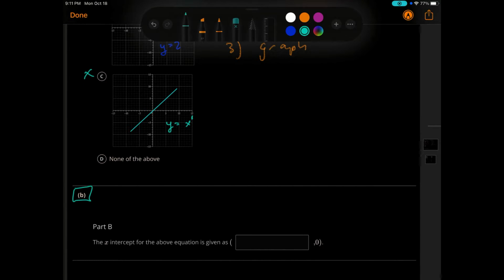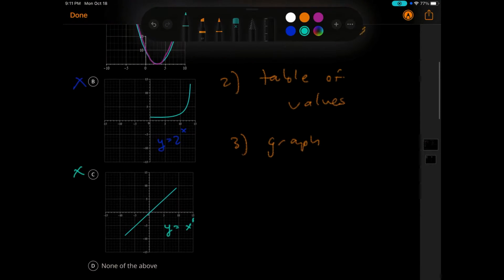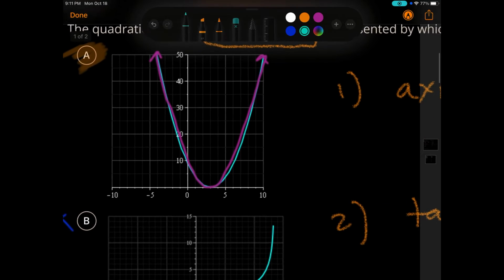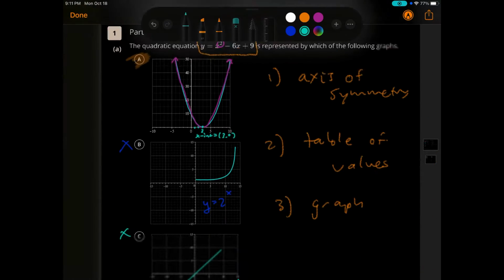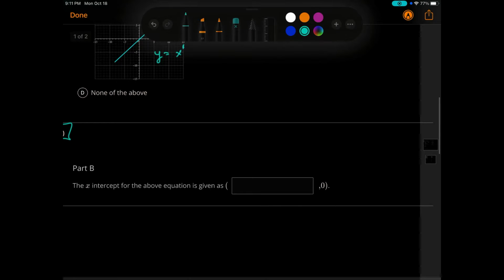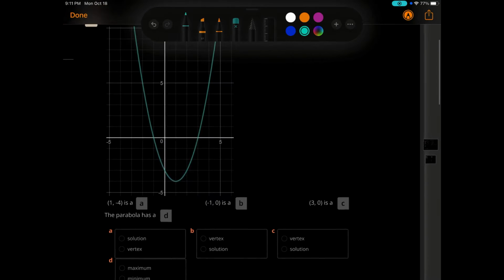Okay, part B. The x-intercept of the equation is given as... Okay, so the correct one here is A. And the x-intercept is... This is 1, 2, 3. So my x-intercept is right 3, 0. So I would type in 3 in there to get the correct answer. So that was question number 1.